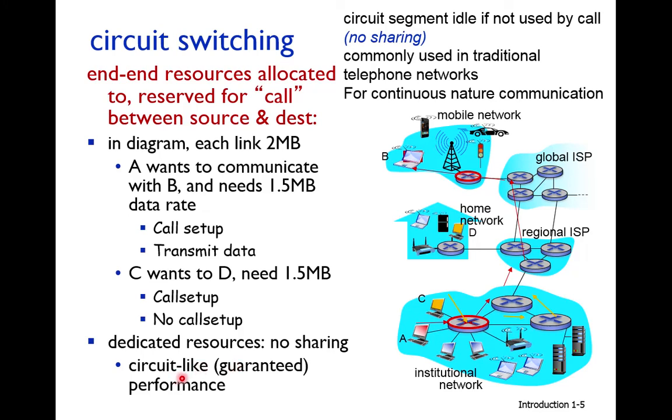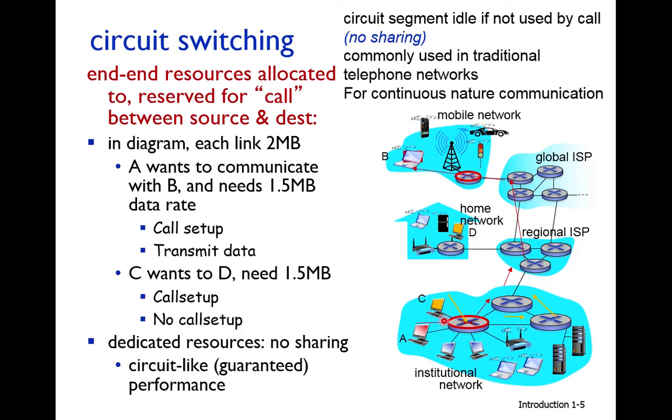So circuit switching has guaranteed delivery. Why? Because this path is reserved for A to B communication. Whenever A sends 1 bit, it will move directly on this path, and it will not wait.